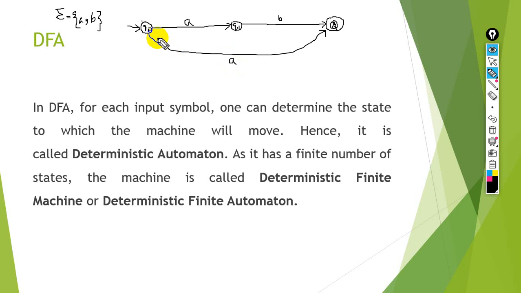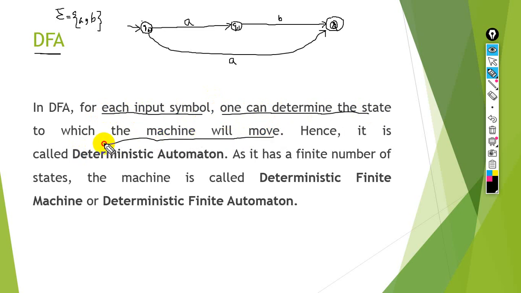One more thing: in this definition, there is no dead configuration in the DFA. I will discuss this later also, but keep in mind that there is no dead configuration. This sentence means that for each input symbol, one can determine the state to which the machine will move.